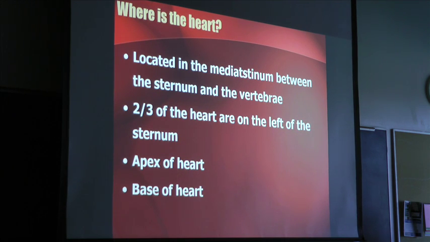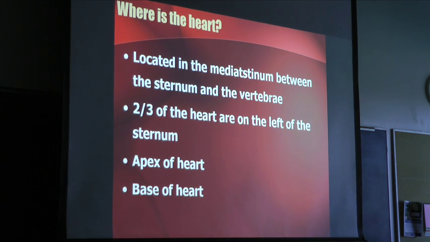With the apex of the heart, what's interesting is when we think apex, we think the top. You know, when you reach the apex of the mountain, you're reaching the top of the mountain. Well, with the heart, it's different. It's actually the bottom. It comes to not really a point, but it's narrowed. That's considered the apex of the heart.